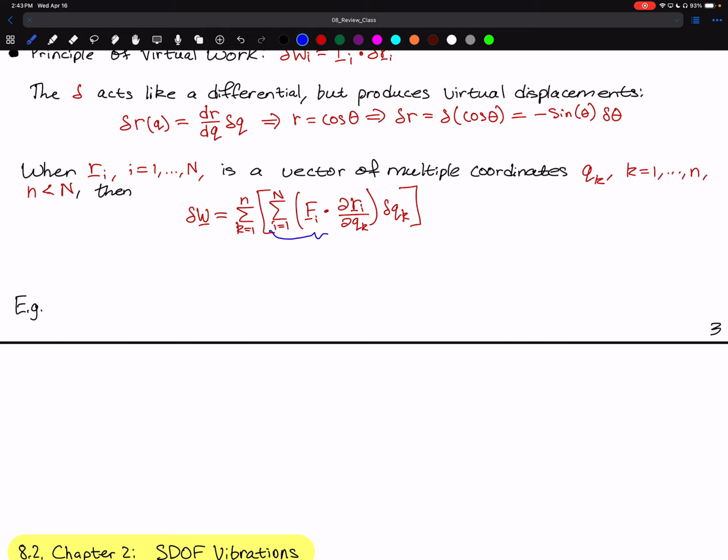And then everything within this little blue brace, that is Q sub k, which is the generalized force for the coordinate q sub k.